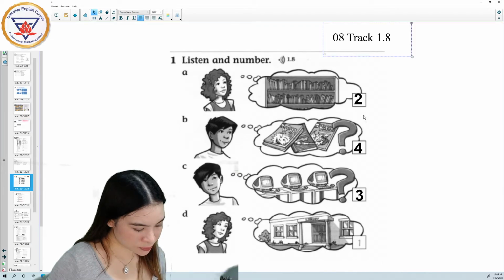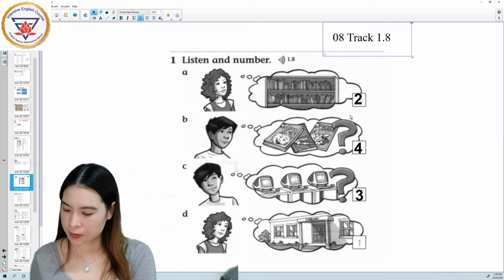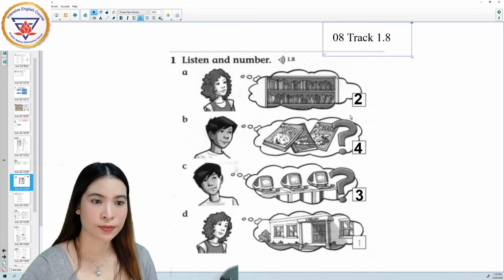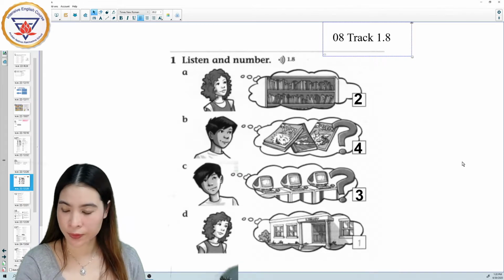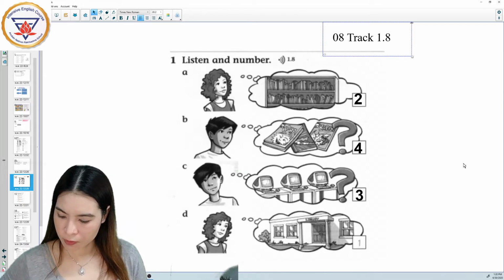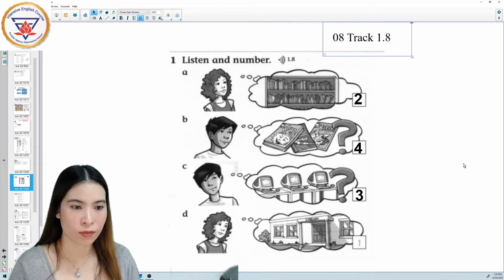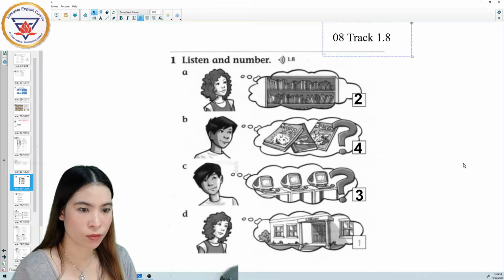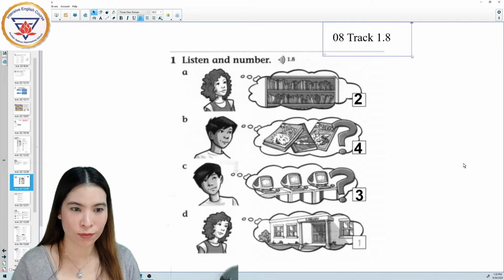What was it like? Well, there were lots of books. Of course. Number 3. Was there a computer room? No, there wasn't. Number 4. Were there any comics? No, there weren't. Really? I think the new library is better. Me too.